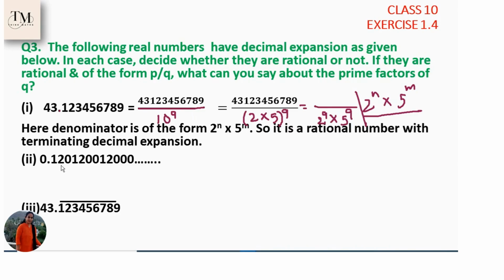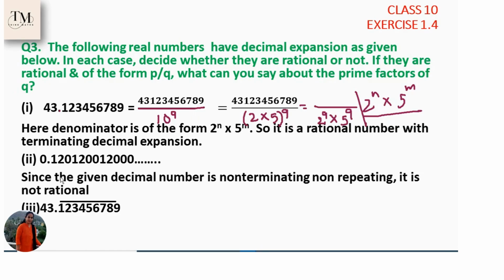Here, the decimal expansion doesn't end. So we can say that the given decimal number is non-terminating and non-repeating. Here 120, next 1200, next 12000. So it is not repeating. So non-repeating, it is not rational.